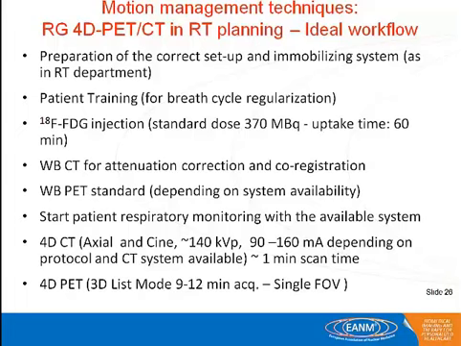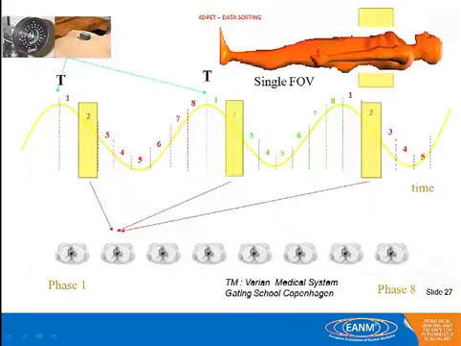Then we do a 4D CT, which with the protocol we use takes just 1 minute. And then we do a list mode acquisition of 9 to 12 minutes with a single FOV. You can see how it works. This time we use all 8 phases: we divide the respiratory cycle in 8 parts, and we use all 8 parts.